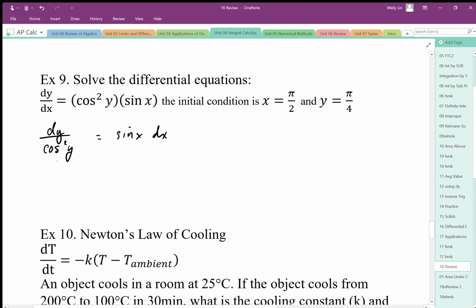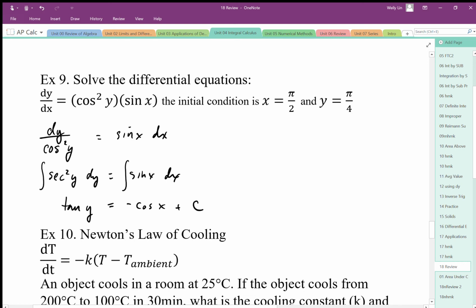Okay, that's really secant squared y dy is equal to sine x dx. Well, I can integrate both sides, and this is a standard integral, and this is a standard integral as well. Okay, so there's my implicit function.